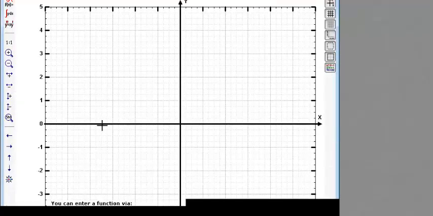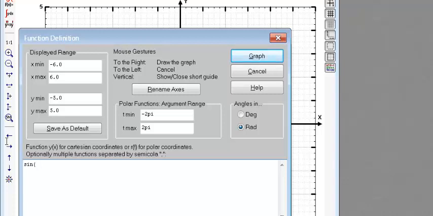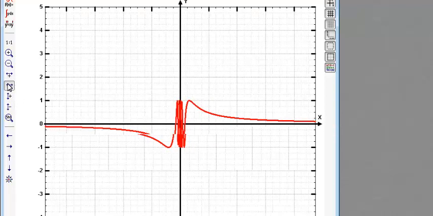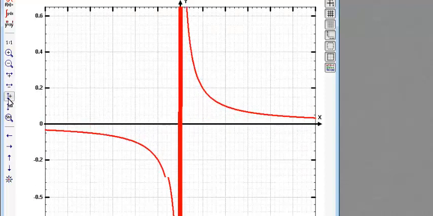Okay, so we're going to plot the sine of 1 over x. Now, as x goes to 0, there is no limit, but as x goes to infinity, I think we should have something happen here. So yeah, here it is. You can see as x goes to infinity, this is going to go to 0. If we zoom out, you can see that it goes to 0, and if I zoom in the x direction, you can see it's going to approach 0.